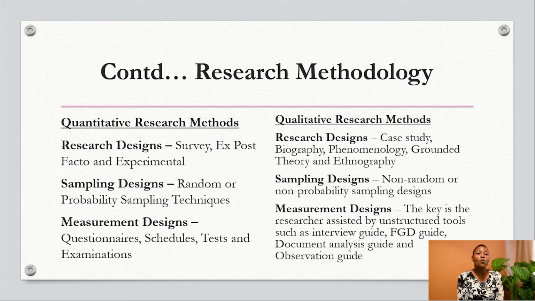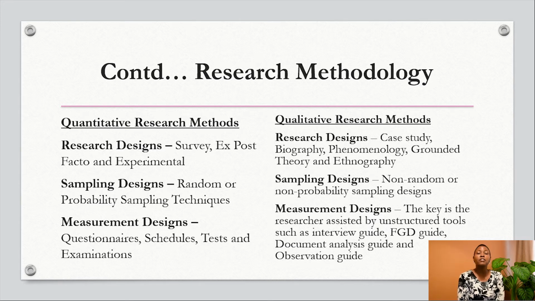We said we have 3 main quantitative designs, and these are survey, ex post facto, and experimental. The sampling designs that we use for quantitative research is random or probability sampling techniques that we shall discuss later. And the measurement designs that we use are the tools that will enable you to collect numerical data.